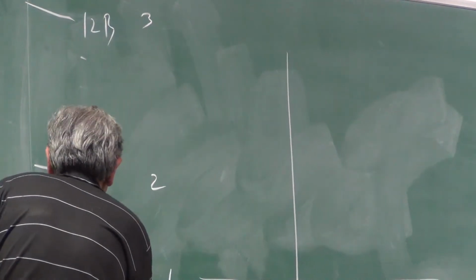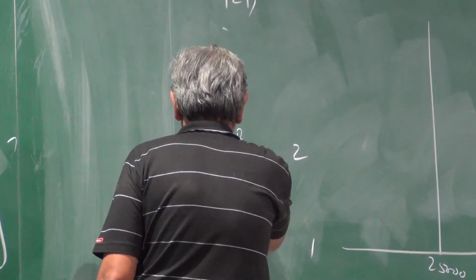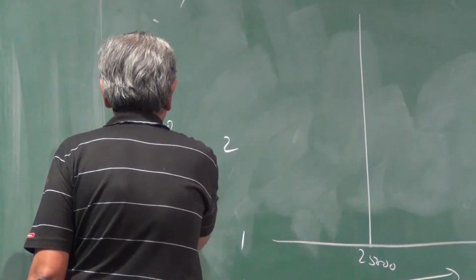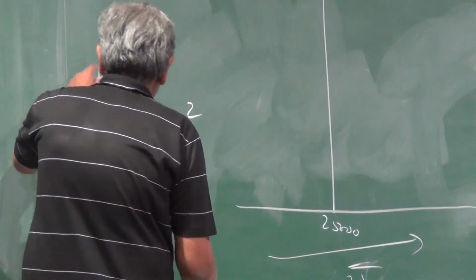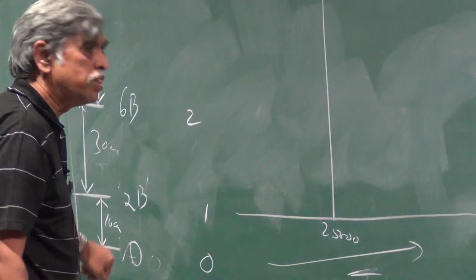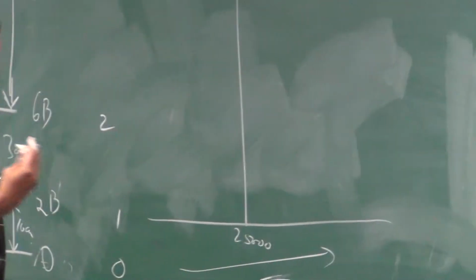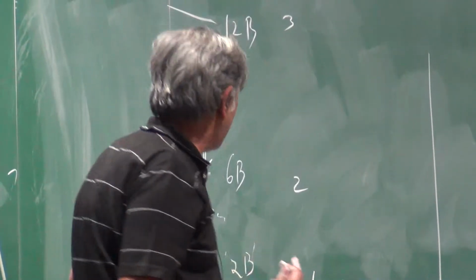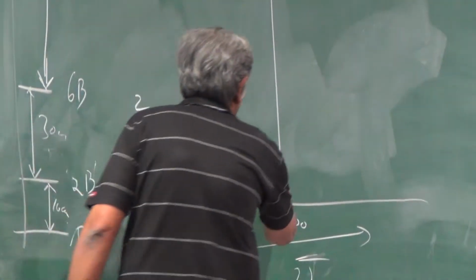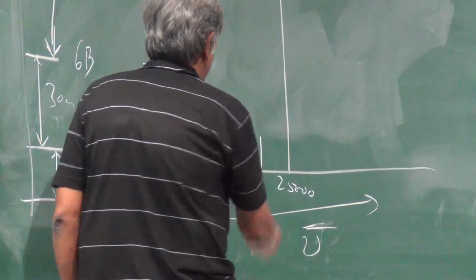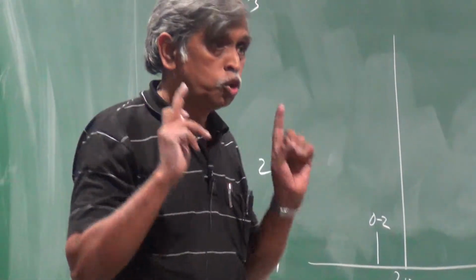Let's say this is 10 wave numbers, and this is going to be, B is 5, so 30 wave numbers. So the whole thing is going to be 40 wave numbers difference here. Which means if I go up and come back on this line, I'm going to be seeing a Stokes shift that is going to sit at 25,000 minus 40, and therefore somewhere over here. And that's my 0 to 2 transition. And what line is that? Stokes line.